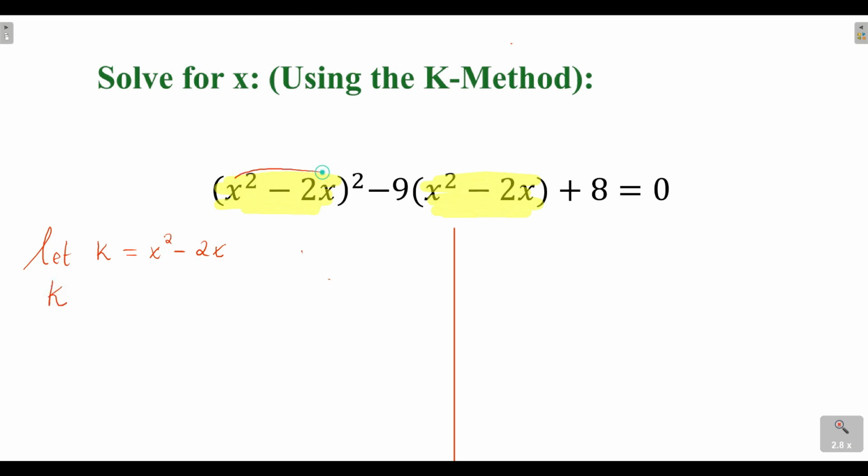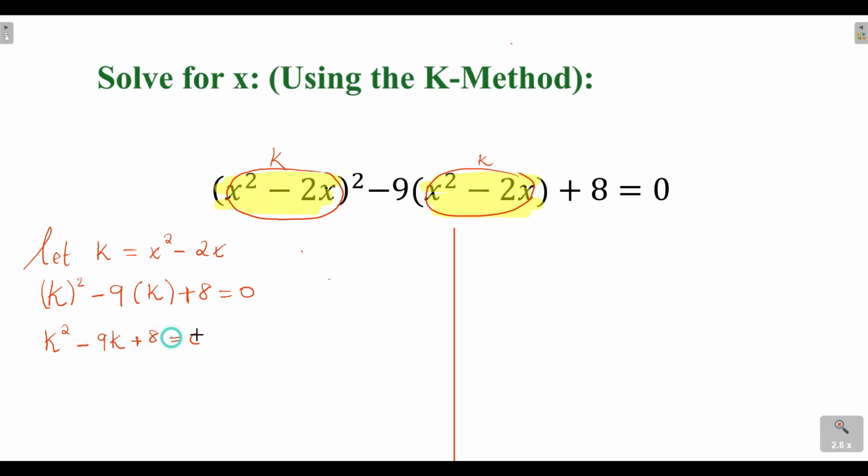For the first bracket, it is all squared, so that's the same as saying k all squared, minus 9 times k, plus 8 is equal to 0. That is the same as just writing it as k squared minus 9k plus 8 is equal to 0.